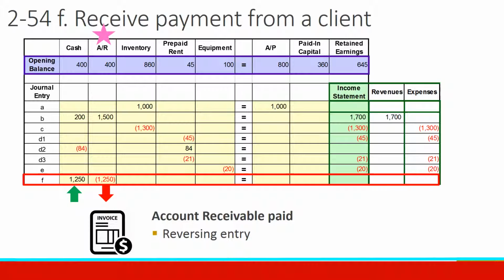So cash will go up by that amount, and the amount that's shown on our balance sheet as owed to us will decline by $1,250,000. One thing to note, in this journal entry there's no effect on revenues. We are collecting amounts owed to us from previous activity. At the time we recorded the previous activity, we recognized the revenue.